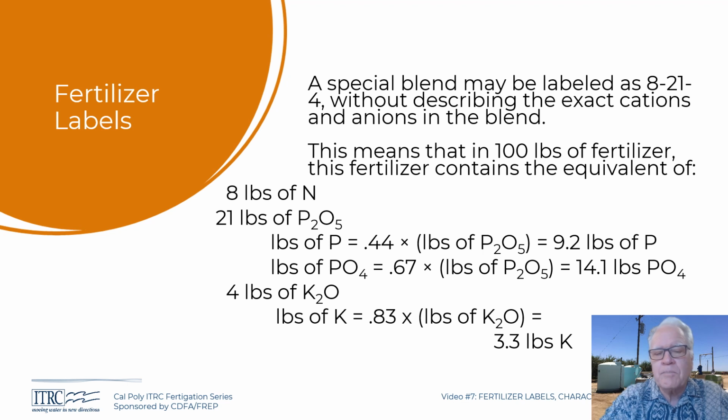And again, a special blend of fertilizers, like a cocktail that some fertilizer company may make up, may not say anything like potassium nitrate. They just may leave it as 8-21-4 or something like that. But nevertheless, you can determine what the basic constituents are.